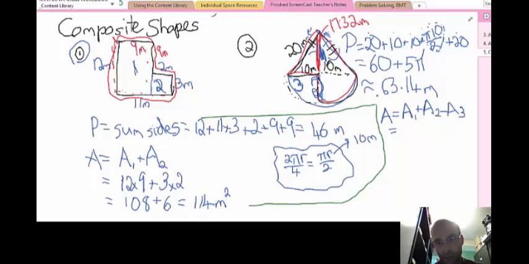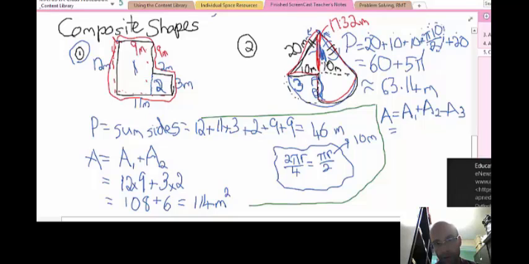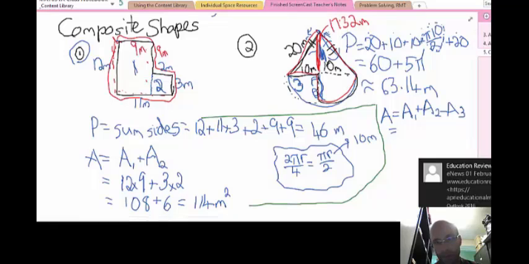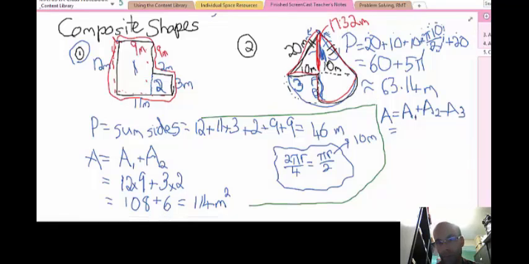It's 17.32 meters. So we've got area 1 being a triangle, we have half times base times perpendicular height.